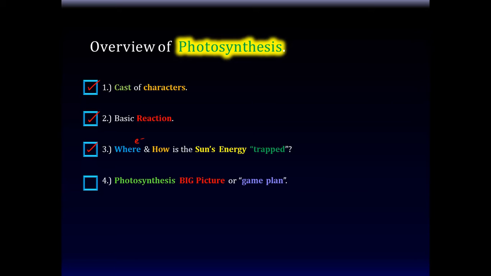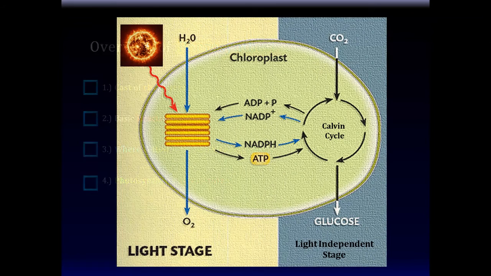Okay. Now we should talk about the photosynthesis big picture, or the game plan for photosynthesis. Photosynthesis is divided into two stages. The first stage is called the light stage, and the second stage is called the light independent stage.